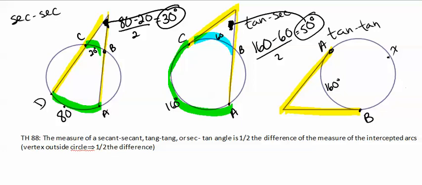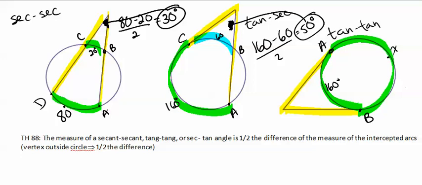And finally, tangent-tangent is no different. You're going to take the outside arc formed by the two points, and it will be subtracted by this inside arc. Now, you'll probably look at this and say, well, they don't give you that outside arc. Well, you know that the total measurement of a circle is 360.